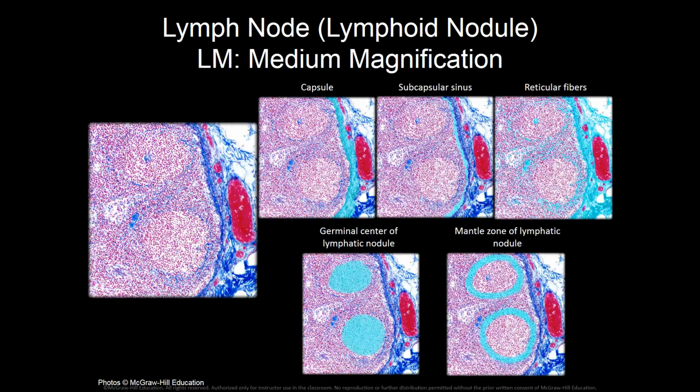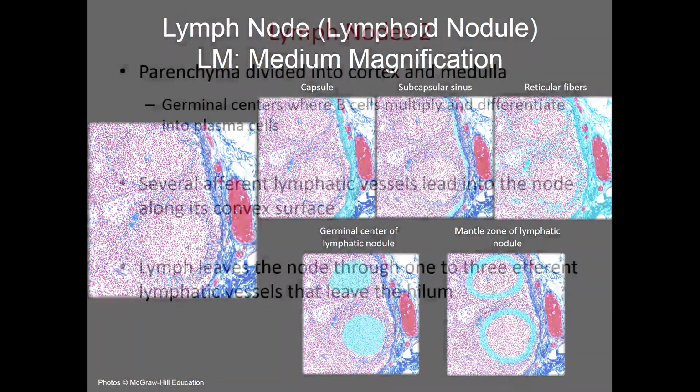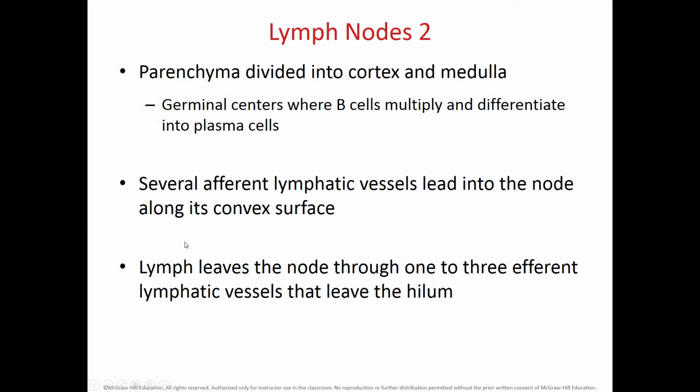If they find viruses, bacteria, antigens, cancer cells, these germinal centers will grow, and that's how we will have swollen lymph nodes, and then hopefully they will be able to clean the lymph that is passing through here.